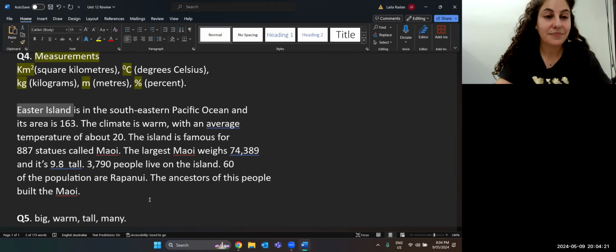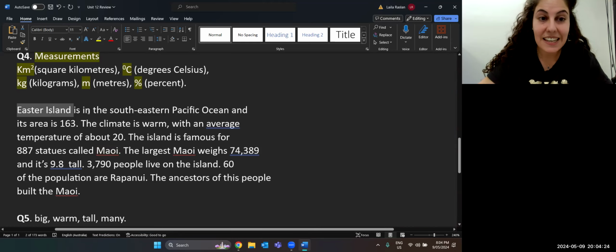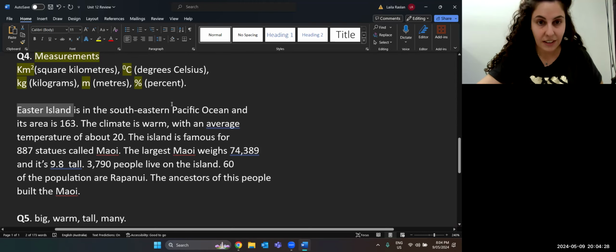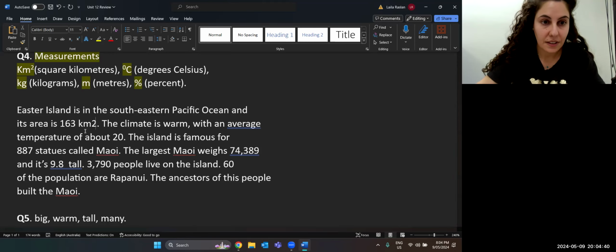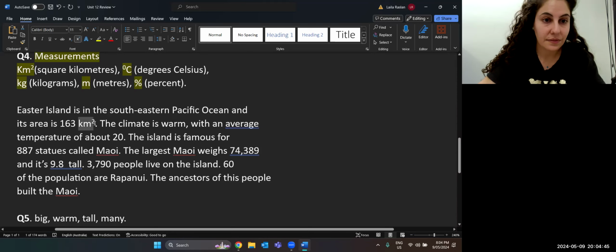Easter Island is in the southeastern Pacific Ocean, and its area is 163 square kilometers. Okay, so can you see that that is how big this island is? 163 square kilometers.